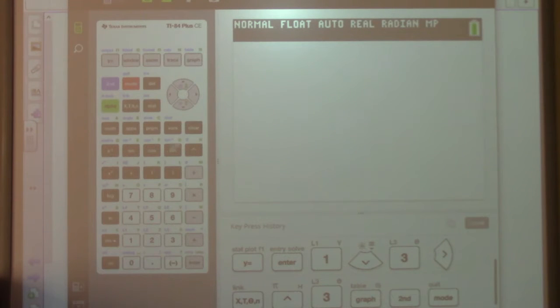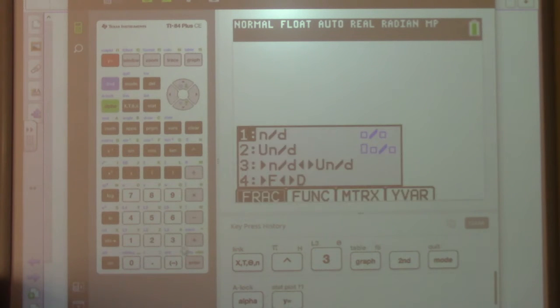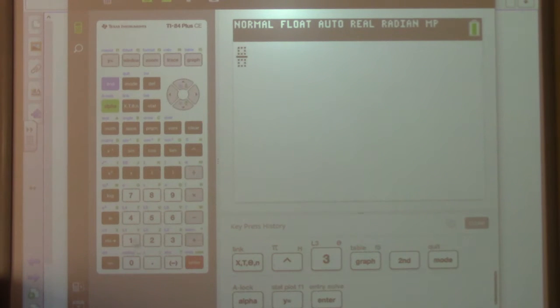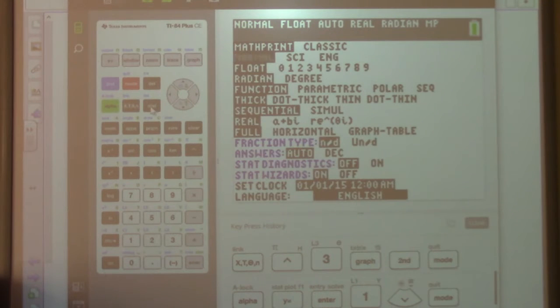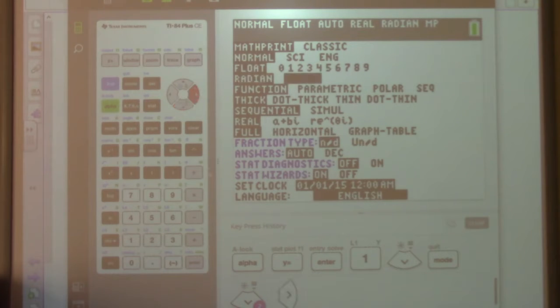I'll show you. Again, we know secant is 1 over cosine. So in the calculator, we're going to put 1 over cosine, but we're in radians here, right? Let's change that to degrees. Mode, degrees, okay, we changed to degrees now.